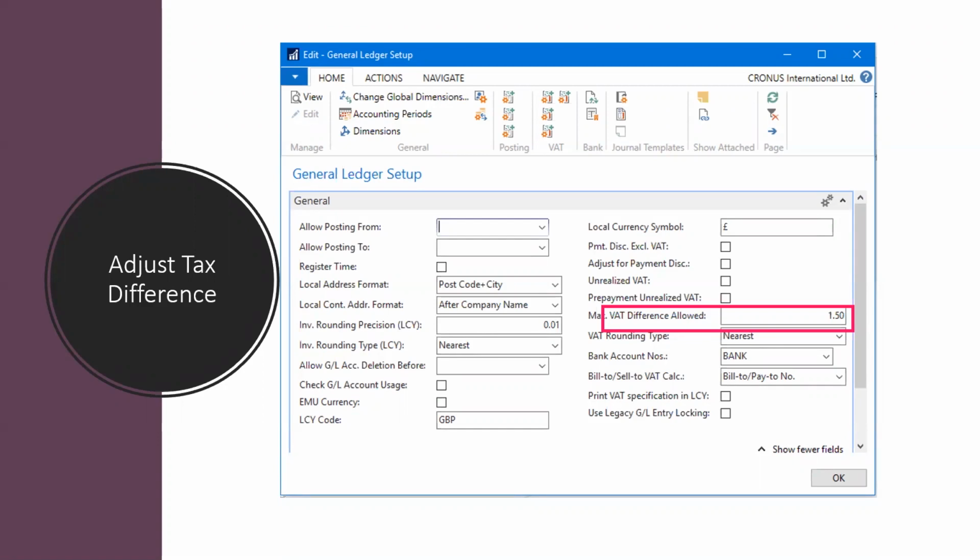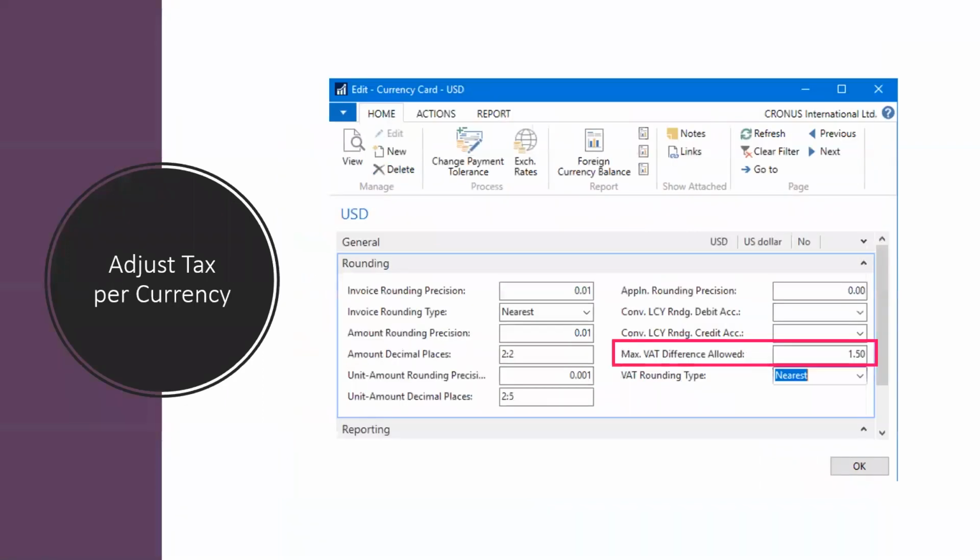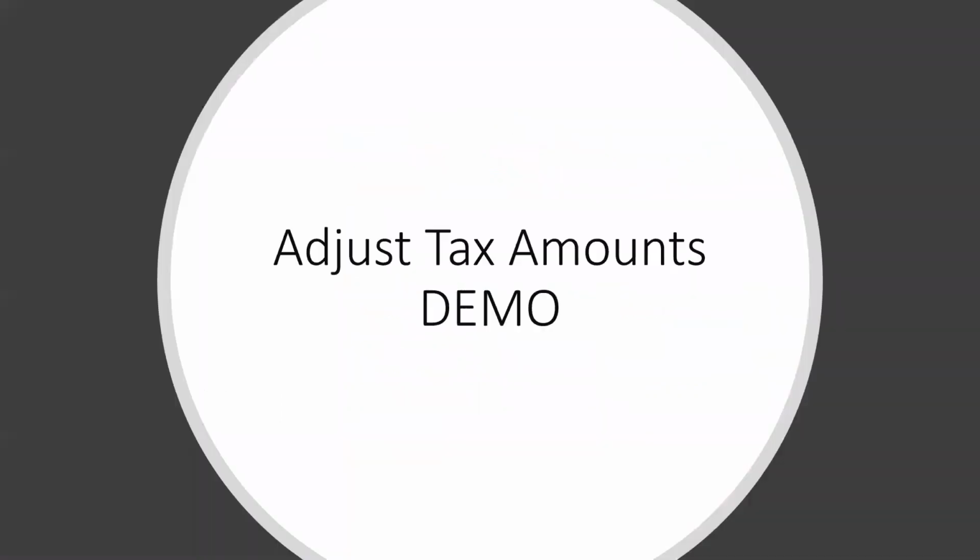So whenever I have a difference, yes, I can adjust that amount. And also, if you work with different currencies, you would need to set the difference allowed by currency, right? So whenever you purchase in US dollars or in any currency, the difference could be completely different from different types of currencies that you actually manage. So this is important. So we have control on every detail when it comes to taxes.